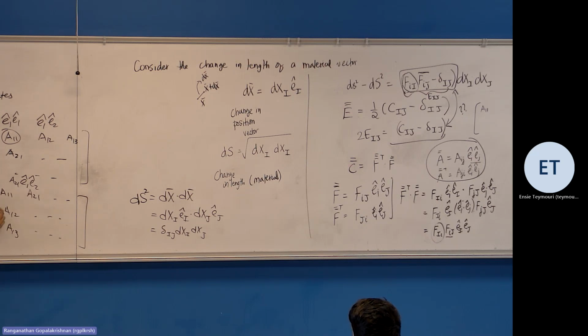What is this here? This is A12, E2, E1. So this is the predicament we are having, which is if you consider A transpose dot A, how will that actually be calculated?